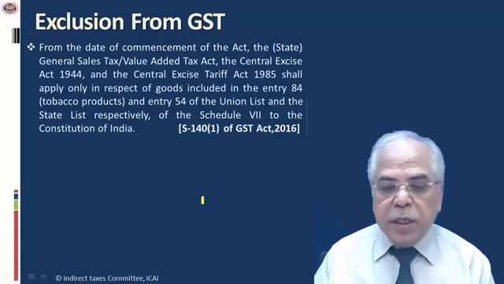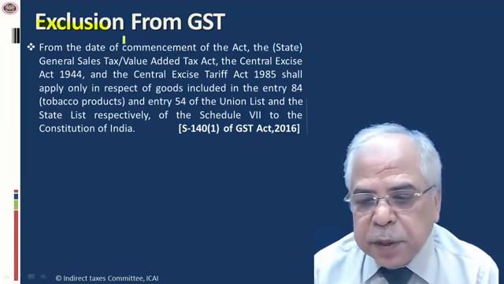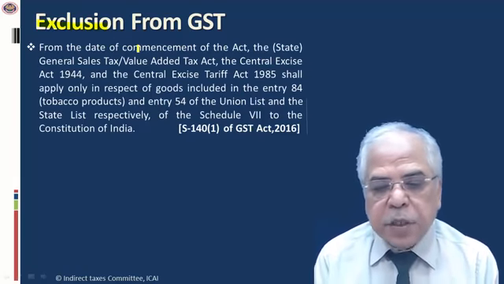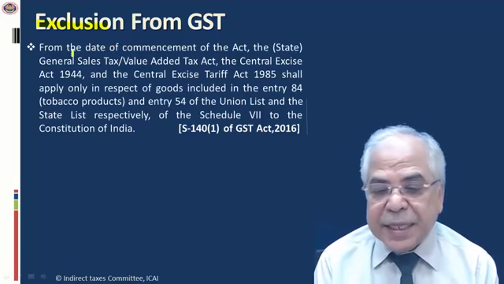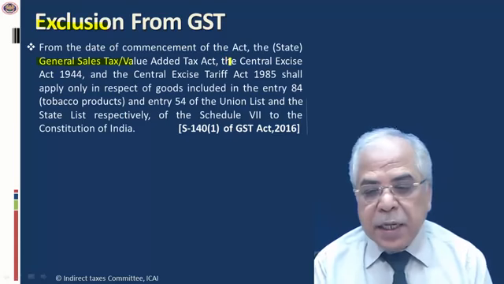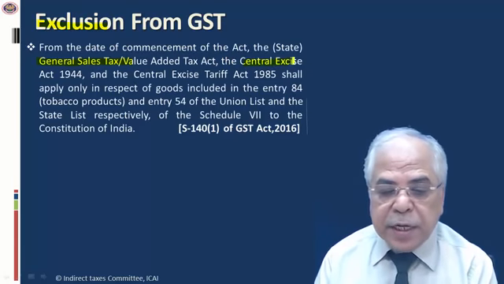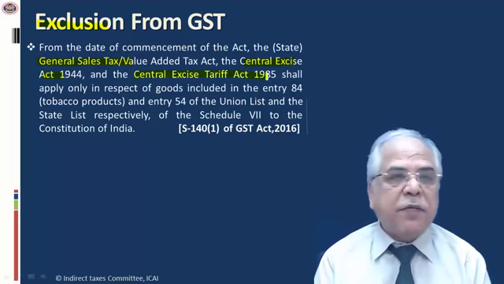Now I am coming to the various laws which are being excluded. If you read this clause, it says from the date of commencement of the act, which as per the government will probably be 1st April 2017, the Central Excise Act and Central Excise Tariff Act shall apply in respect of goods included in entry 84 tobacco product, entry 54 of the union list and the state list respectively.